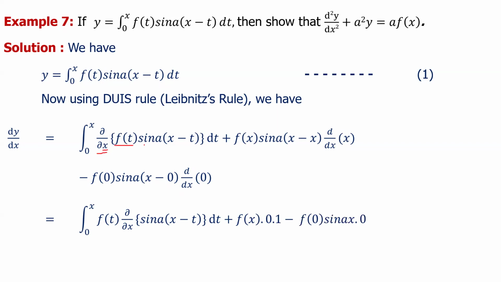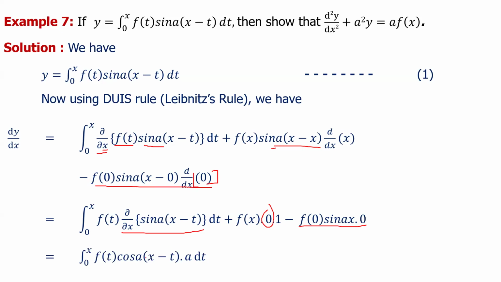Now derivative of sin a times x minus t with respect to x. We want to find this derivative plus sin x minus x. Sin x minus x is sin 0 and we know that sin 0 is 0. So we have written 0 over here, and again here derivative of 0 with respect to x is 0. So this term also becomes 0.